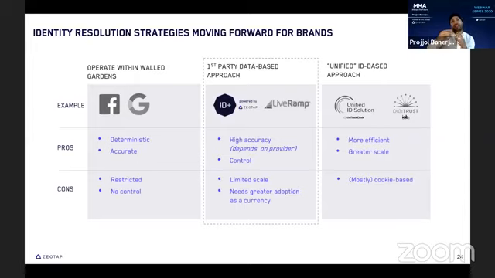The idea of a universal ID that's predicated on first-party data ties back to being able to collect first-party customer data, typically email addresses or phone numbers, and build a network of these IDs across the ecosystem, but do it in a manner that protects customer data.